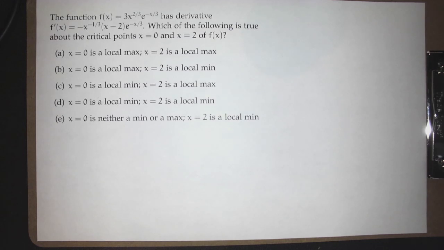And it says, which of the following is true about the critical points x equals 0 and x equals 2 of f of x? There's 4 options. Some saying local min, some saying local max. There's even an option at the end which says one of them is neither min nor max. So we've got 5 options, A, B, C, D, or E. Which is the right option?